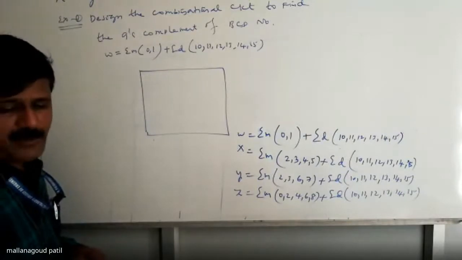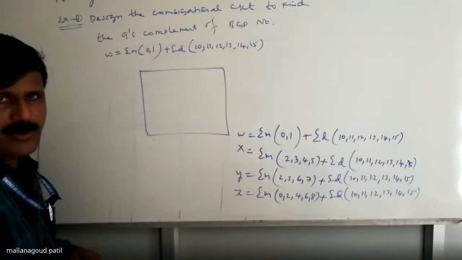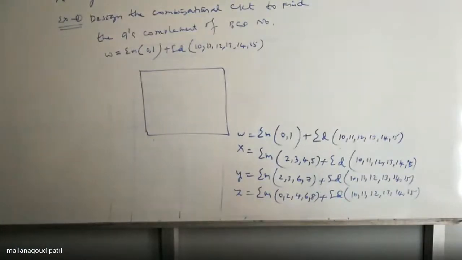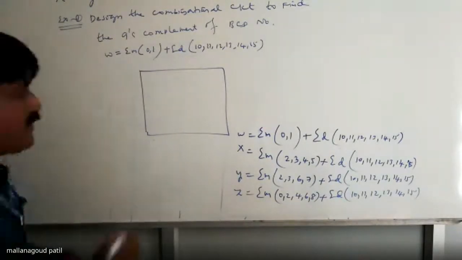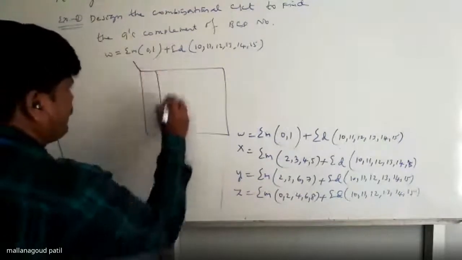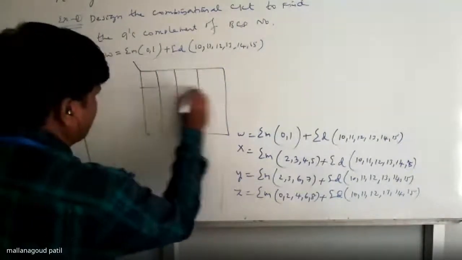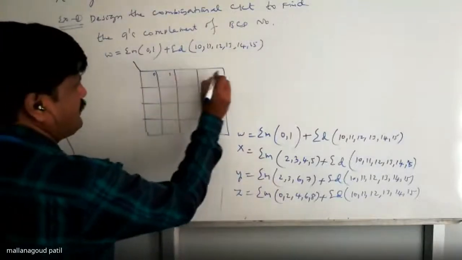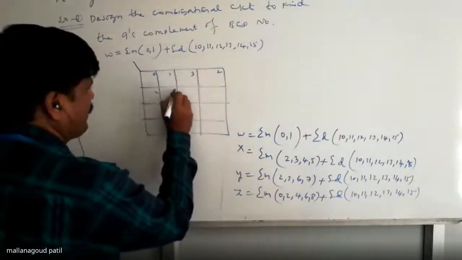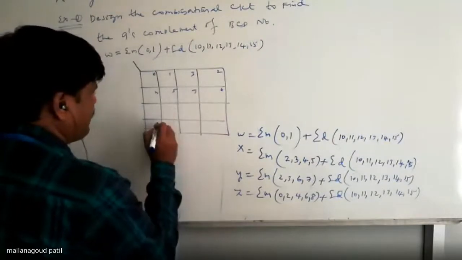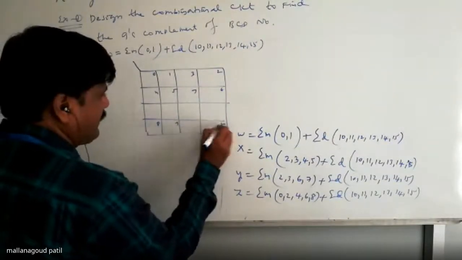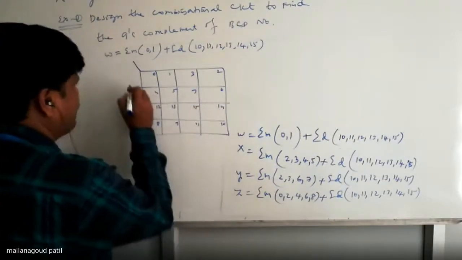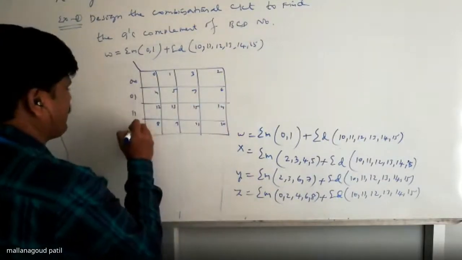Then the inputs, when you are writing the values here, 1, 2, 3, 4 separation. Cell numbers I am writing 0, 1, 2, 3, 4, 5, 6, 7, 8, 9, 10, 11, 12, 13, 14, 15. 0, 0, 0, 1, 1, 1, 1, 0.